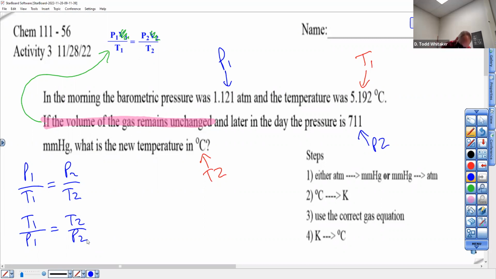I'm going to multiply both sides by P2. So the right side is now just T2, and that's equal to P2 times T1 over P1.